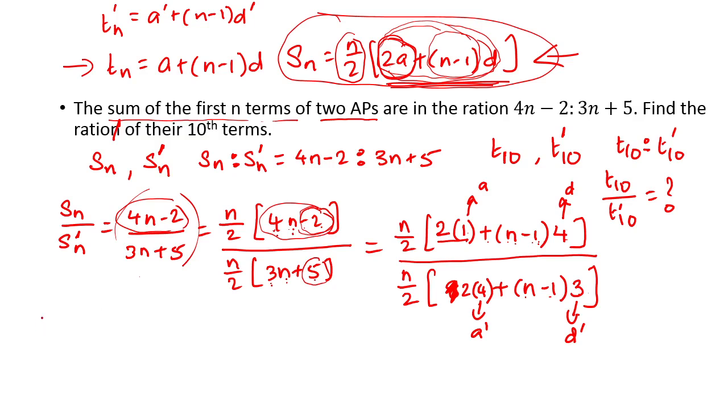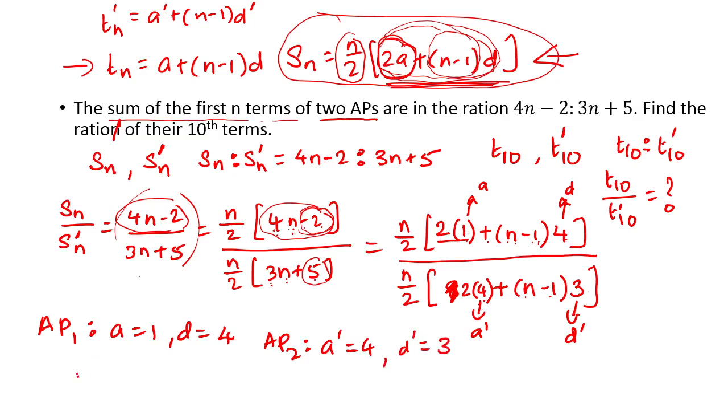So the first arithmetic progression that we have, its first term is 1 and its common difference is 4. And the second arithmetic progression, its first term is 4 and the common difference is 3.